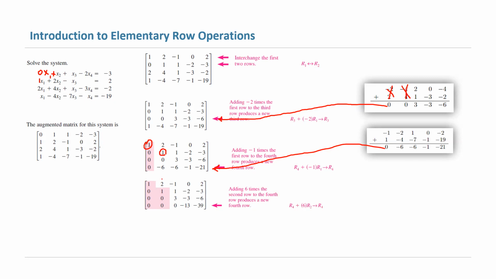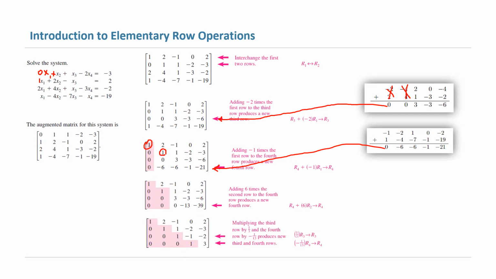But let us do that. You see, this entry is equal to 0. We just need to get rid of negative 6. So multiply the second row by 6 and add it to the last row. It creates 0 for us, and then another 0, it becomes negative 13, and here you get negative 2 and 1, which is negative 39.